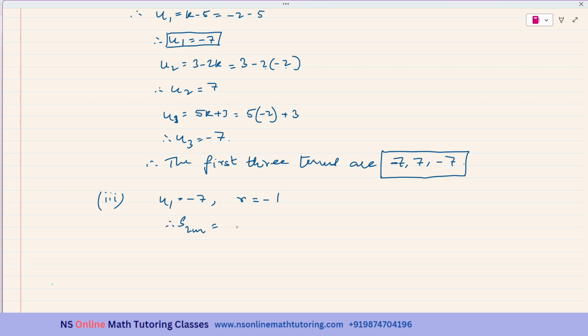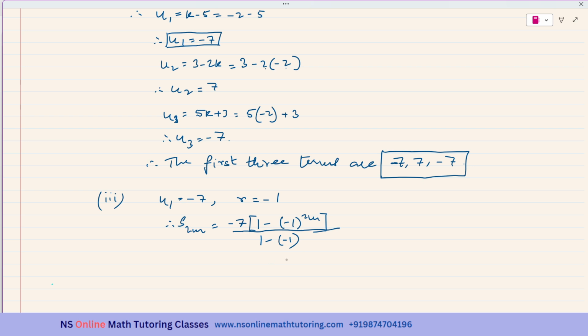should be equal to u1, minus 7 times 1 minus r to the power of 2m over 1 minus r.